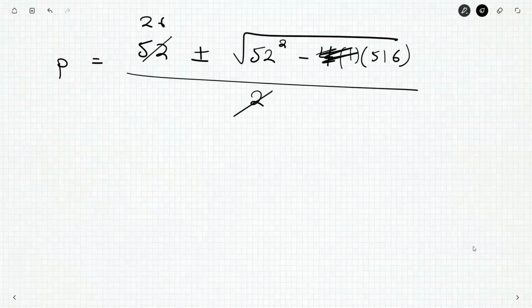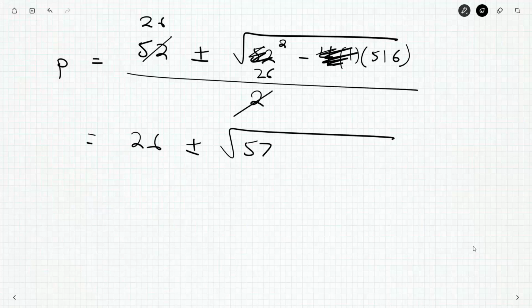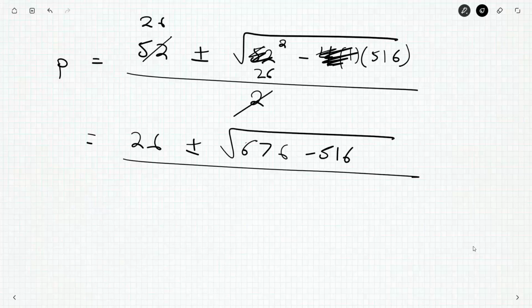Divide everything in here by 4, so that'll make it 26 squared. So we're looking at 26 plus or minus square root of 26 squared, which is 676, minus 516. That's doable. All over 2. Although now I'm a little suspicious because we're going to get two values for p that can work.